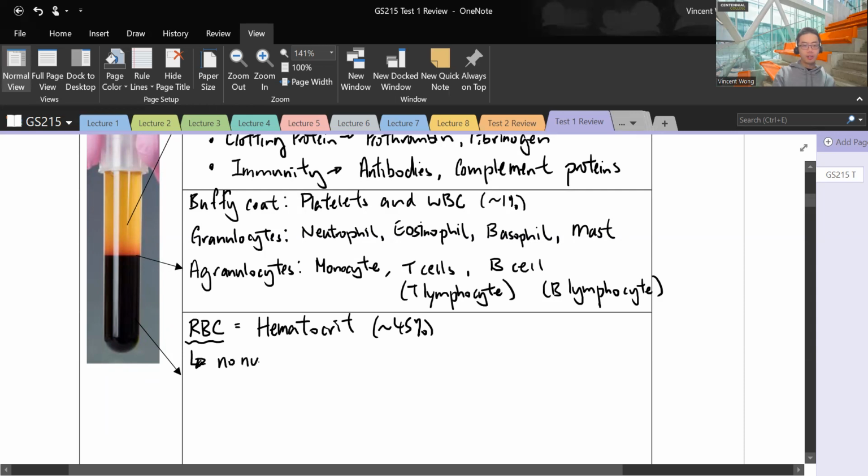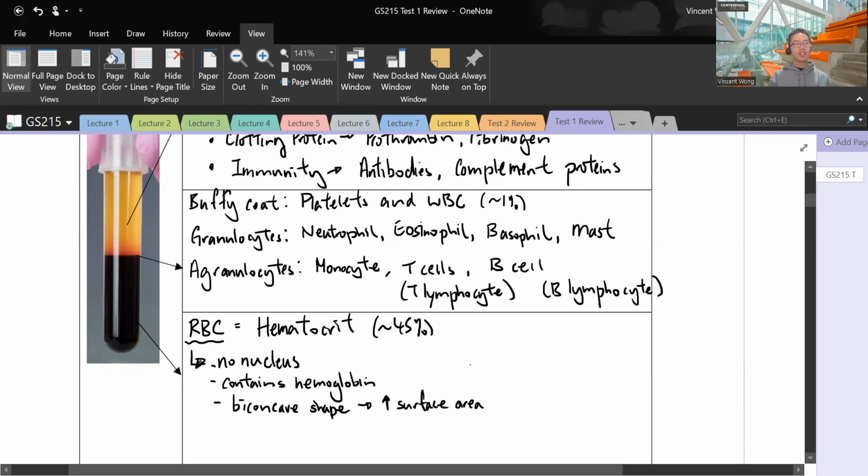They have no nucleus, for example. They contain hemoglobin, which is the oxygen carrying molecule. They have a biconcave shape, which allows increased surface area for better gas exchange, right?